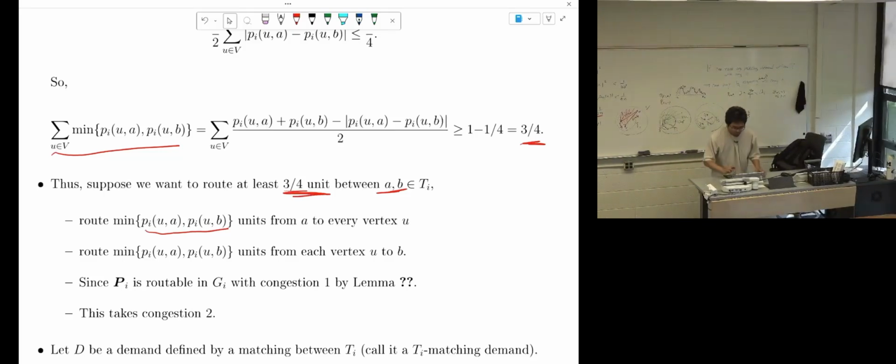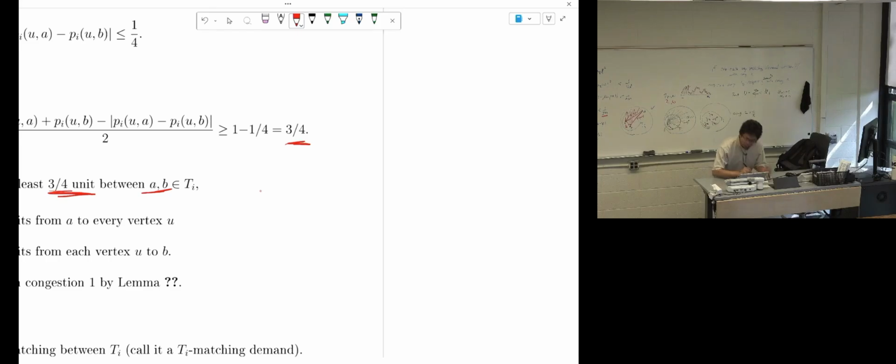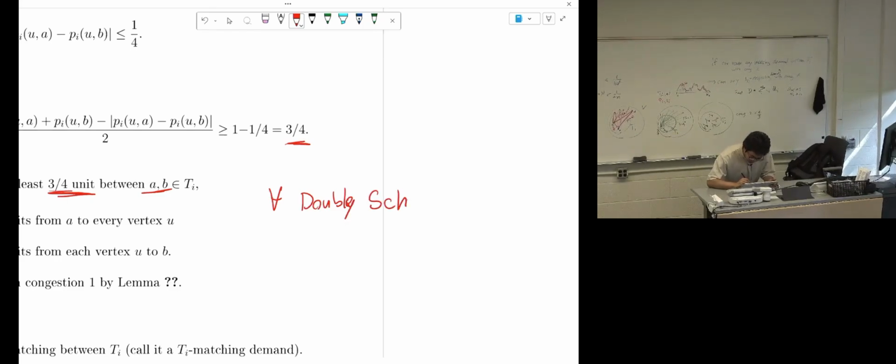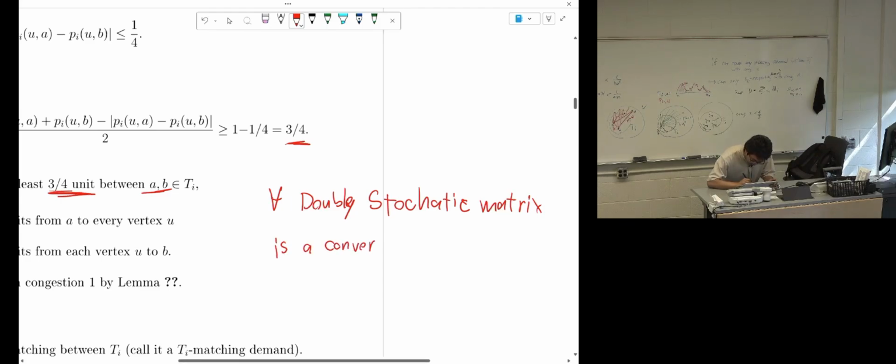The fact you wanna say is this: if you wanna look it up, you say that every doubly stochastic matrix is a convex combination of permutation matrices.